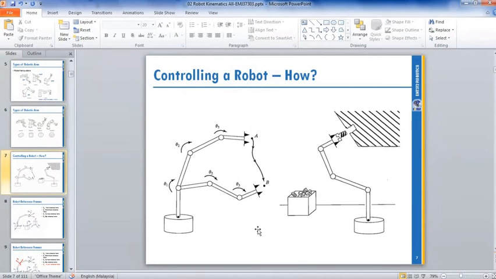So this is how we control a robot. For example, if you want to move from point A to point B, once you rotate any of these motors or joints, you can define where point B is.